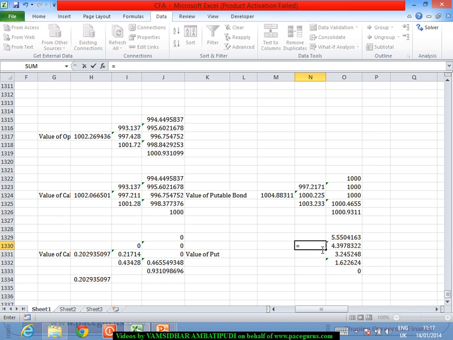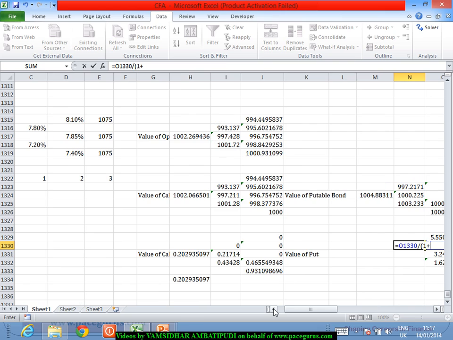I can do the present value of this. So I take the present value of this and discount it at 7.8%, right? And similarly, I take the present value of this and discount it by 7.2%.